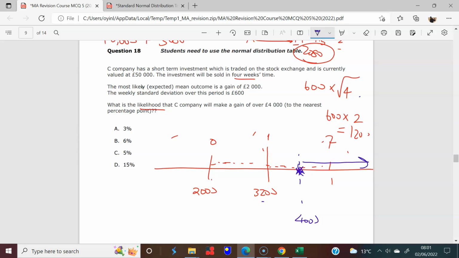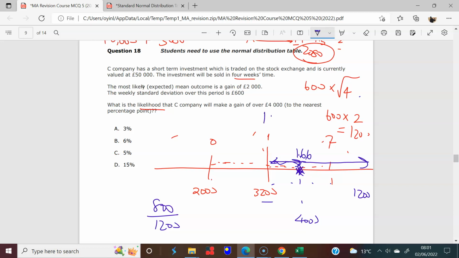Between 1 and 2 there are 1,200, and the question is asking, what is 800? So 800 divided by 1,200 is 0.66. That's 0.66 of the distance to get from here to here. So this must be 1.66.